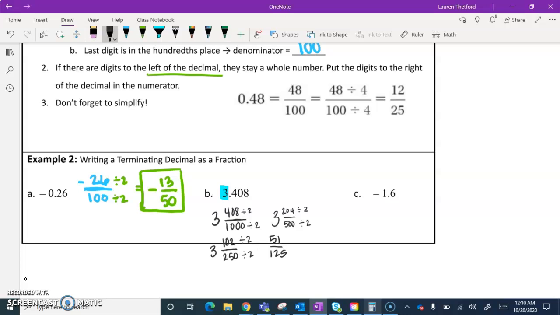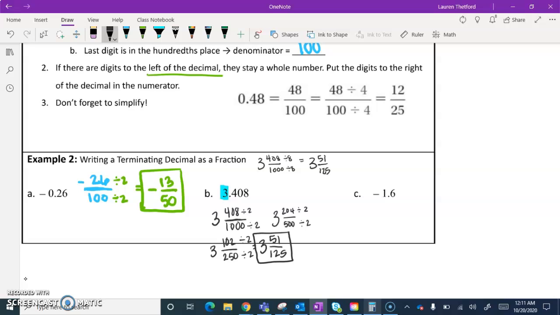I forgot my 3 in there, so I'm going to add that in. And so here's my simplified fraction. Now, if you knew that 8 went into both numbers, then you would have 3 and 408 over 1,000, and you divide by 8 on top and bottom. That would have brought you to your answer of 3 and 51 125ths.